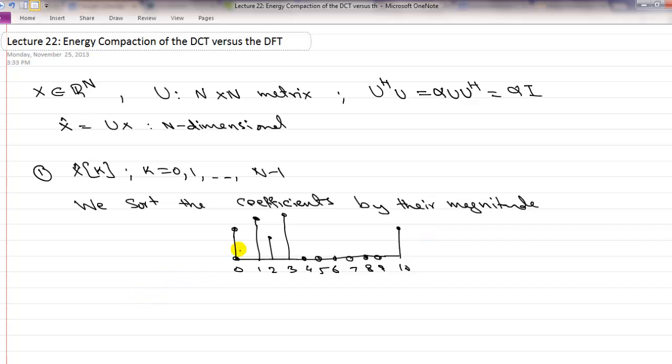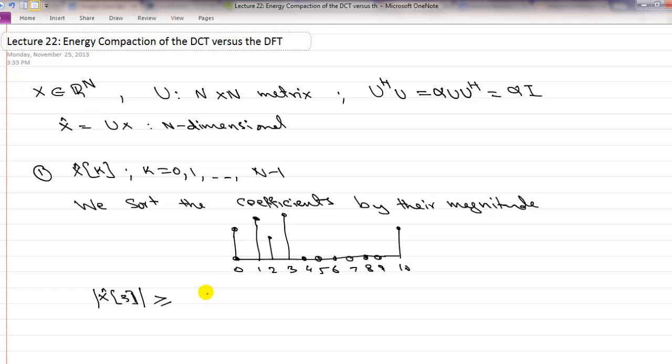The largest coefficient is x hat 3, in absolute value. We are always interested in absolute value. These could have negative values, but for convenience I only plotted positive values.